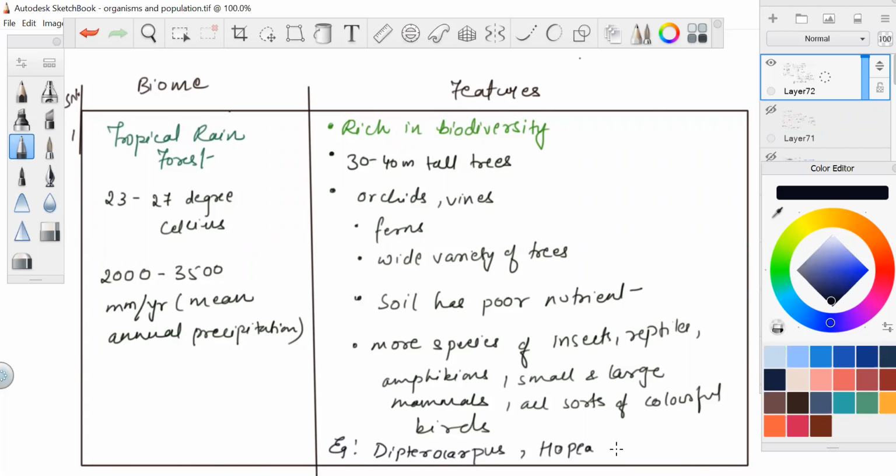Write it down. Dipterocarpus, they are the third largest and very diverse. So they grow here. All the biodiversity here in tropical rainforest will be having trees from the Dipterocarpus family. Okay, and Hopea.